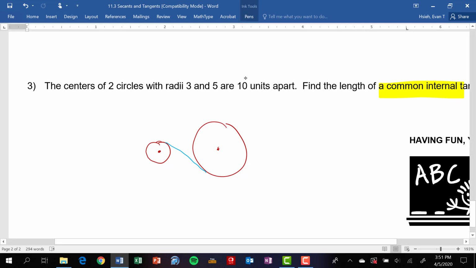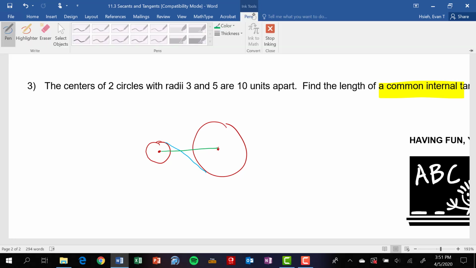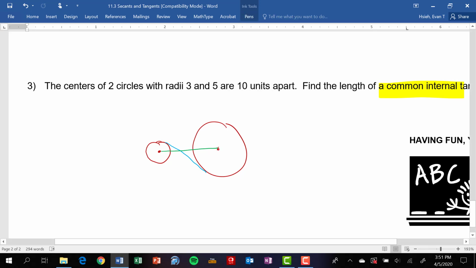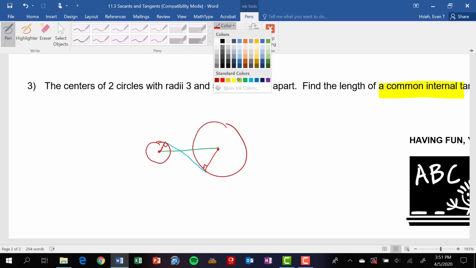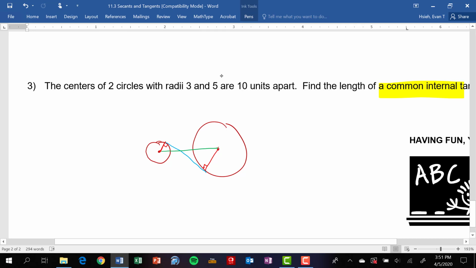First step, I'm going to follow the exact same procedure I followed for the previous problem. I'm going to connect the two centers of the circles. Step 2, I'm going to go ahead and draw in radii that are going to be perpendicular to the common internal tangent. Step 3, through the center of the smaller circle, I'm going to draw a line that's parallel to the internal tangent.